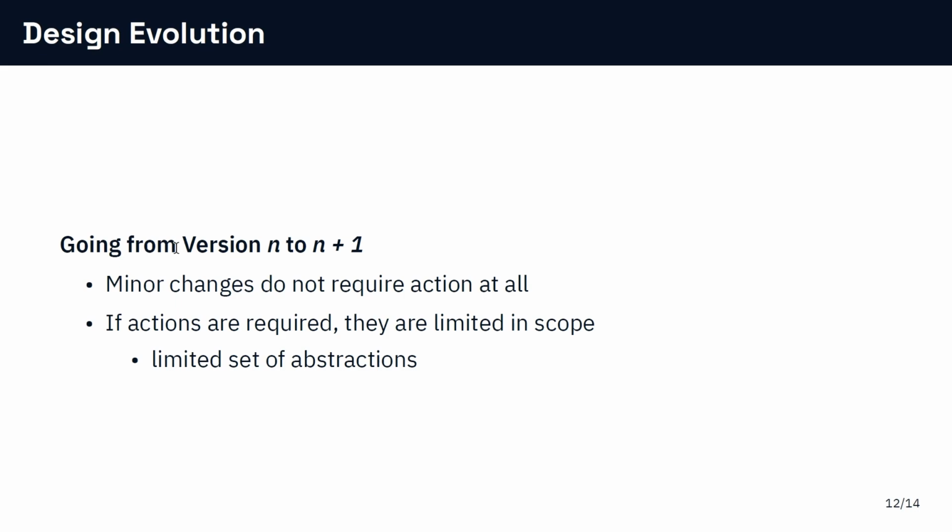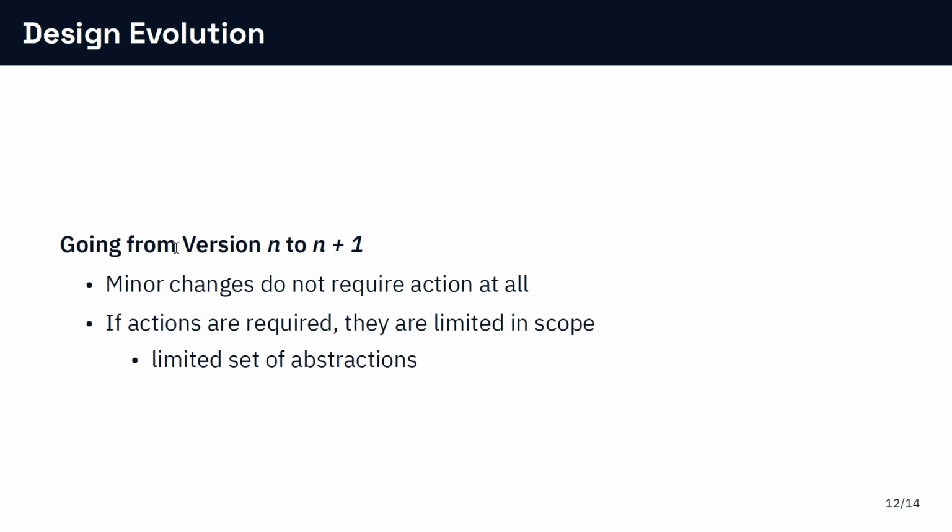Design evolution. When you want to go from version N to N+1, the next version, with minor changes in the design, suppose you replace screws with different screws, essentially you don't require any action at all. You just press a button, and a new manual gets generated automatically.